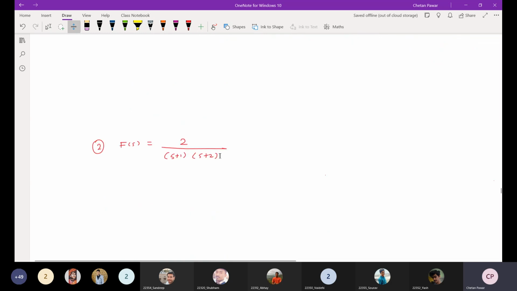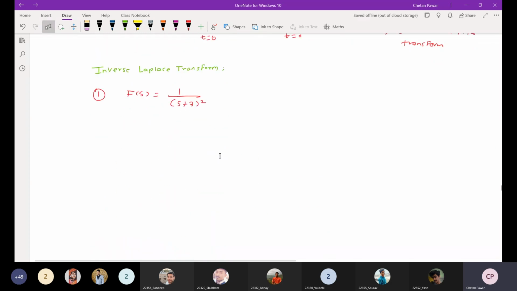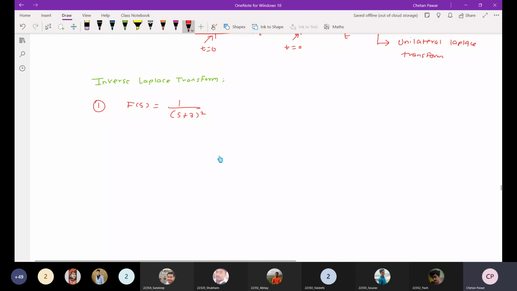So e raised to minus at u of t. Sometimes they don't mention u of t also, because they consider it as a right-sided signal only. The Laplace transform of this will be 1 upon s plus a. So e raised to minus 3t u of t has Laplace transform 1 upon s plus 3, right?